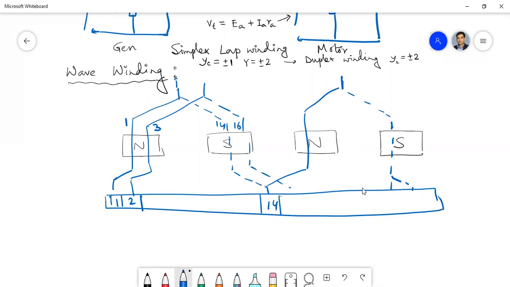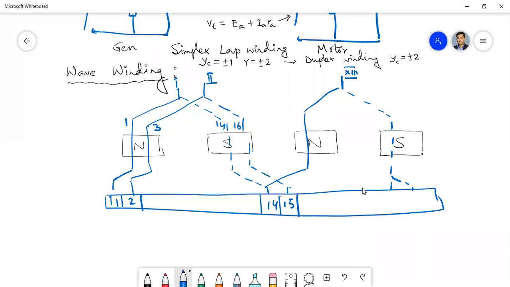So this is coil number 2, and suppose this may be coil number 13. So this is how the wave windings are done.